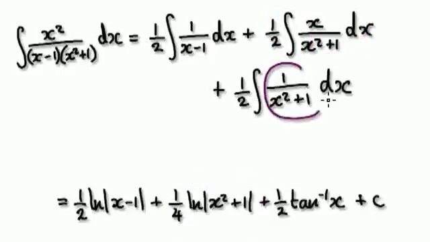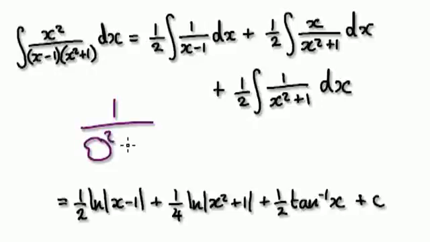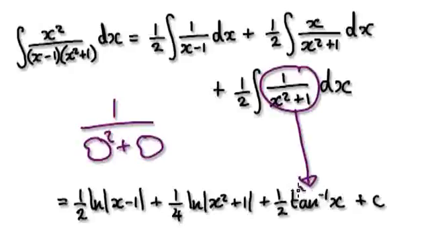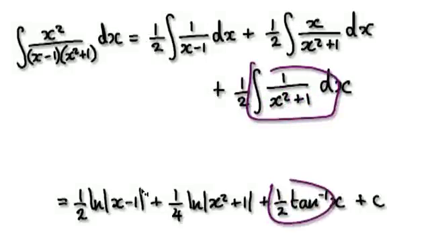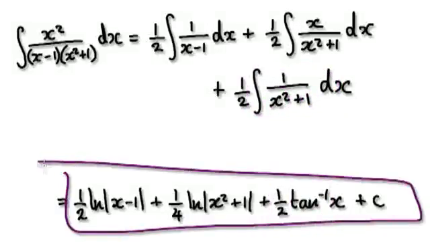When you integrate this, always keep an eye out for 1 over something squared plus another thing. Keep an eye out for something of this form, and then it will be the arctan. Integrate this, it will give you this. So overall, the answer will be this.